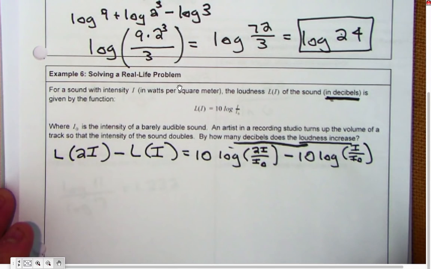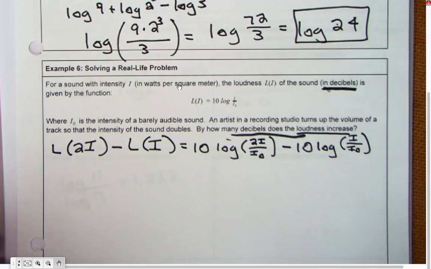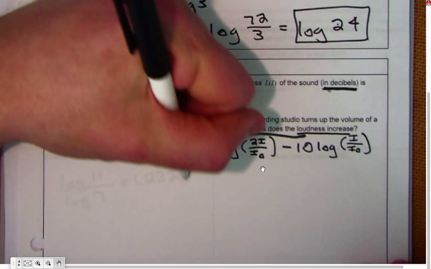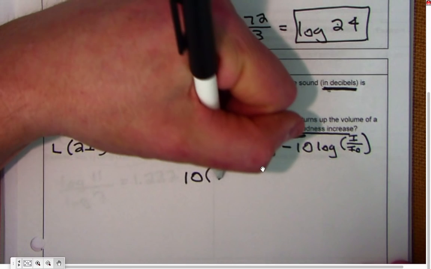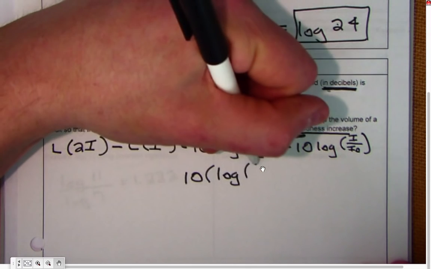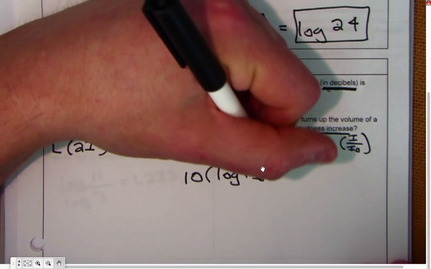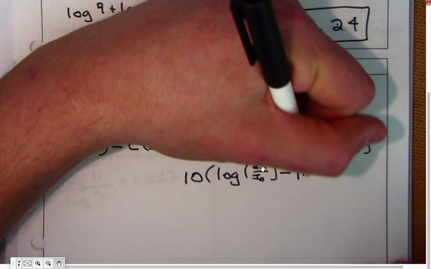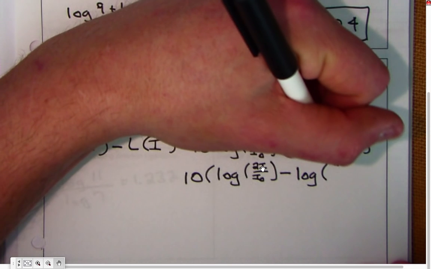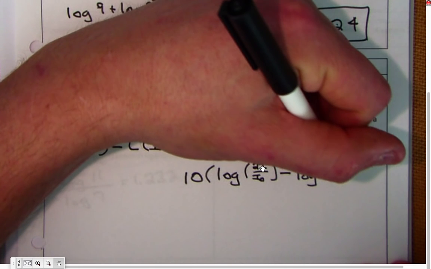All right, so we need to simplify all this a little bit. Since both of these have 10s in them, let's factor that 10 out so that we're just working with the logs. If I factor a 10 out, I've got the log of 2I over I sub 0 minus the log of I over I sub 0. Okay?